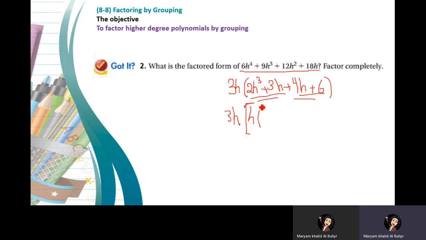Now here you have h, and then inside 2h to the power 2 plus 3. Here there is a common factor between them, 2. So take 2 outside. What is the remaining inside? You have 2h plus 3. Great. That's what you need.